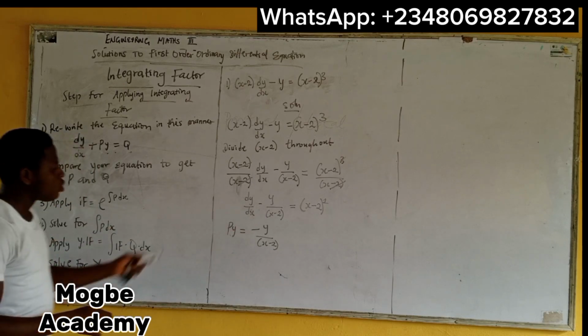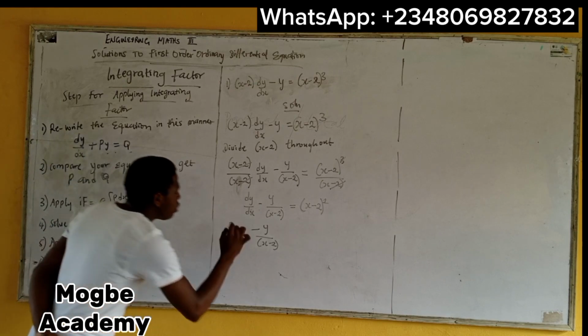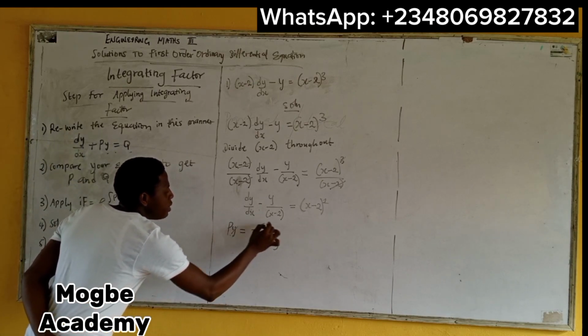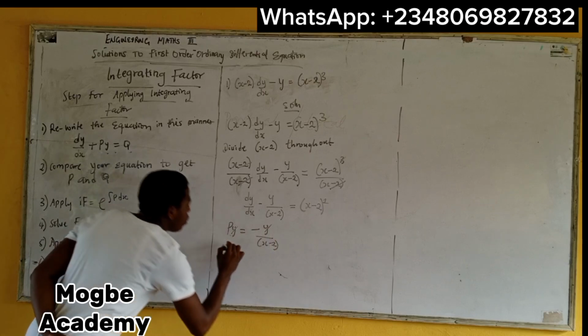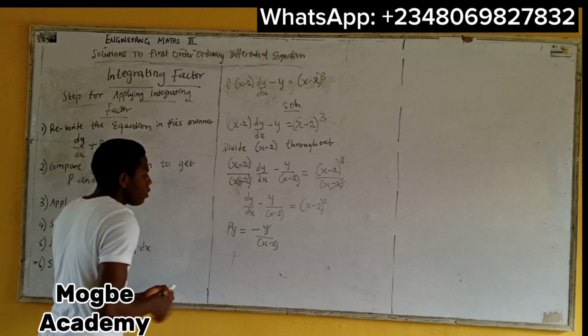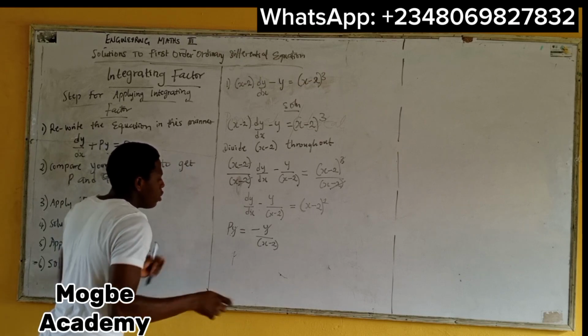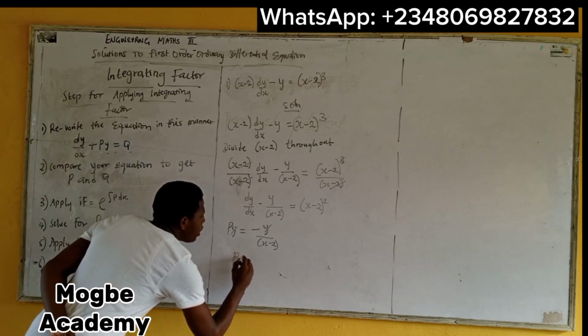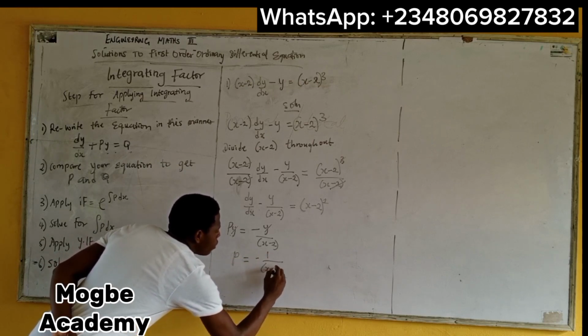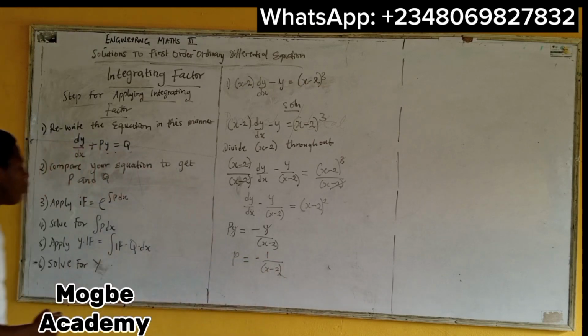Now, if you compare that to get your p, what do you do? y divided by y, they will cancel out. So you'll be left with p is equal to minus 1 over x minus 2. So you've gotten your p.